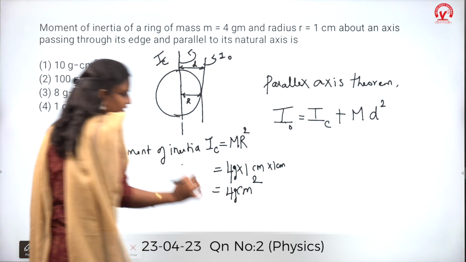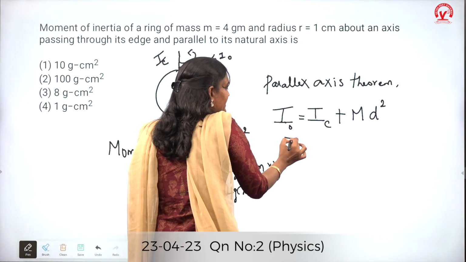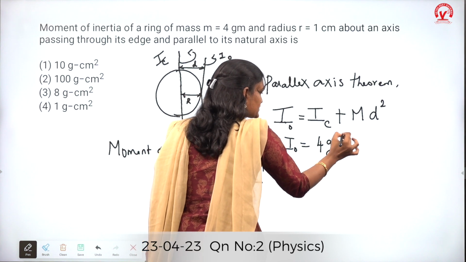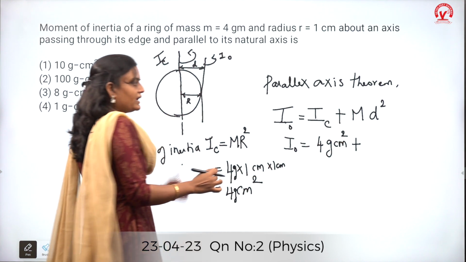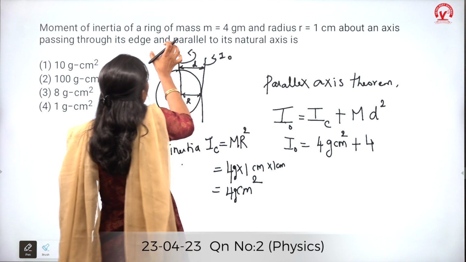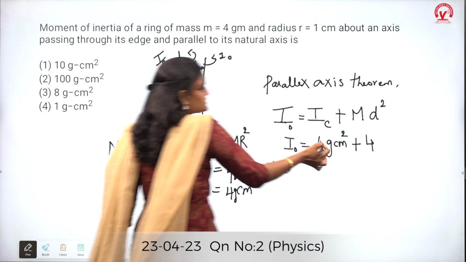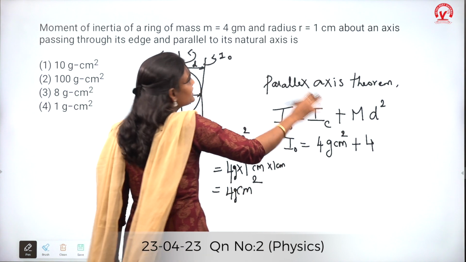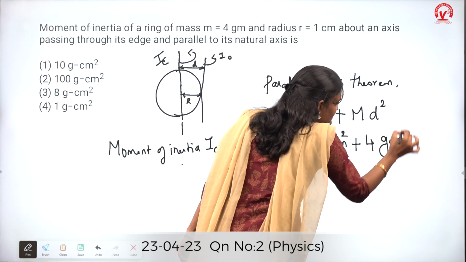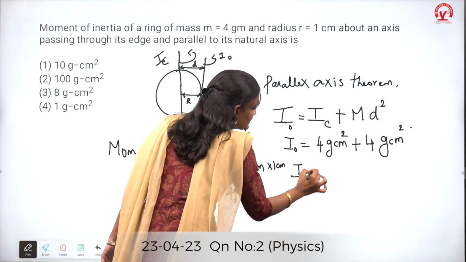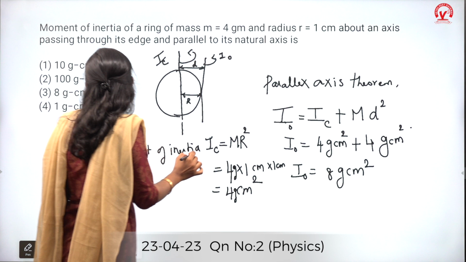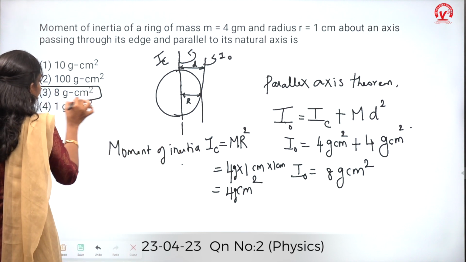So, 4 gram centimeter squared. Now, I0 is equal to 4 gram centimeter squared plus the mass, which is 4, and d is equal to r, since it is the edge and a parallel axis, so d is 1. So, we can write 4 gram centimeter squared. Now, I0 is equal to 8 gram centimeter squared. So, the option is 8 gram centimeter squared.